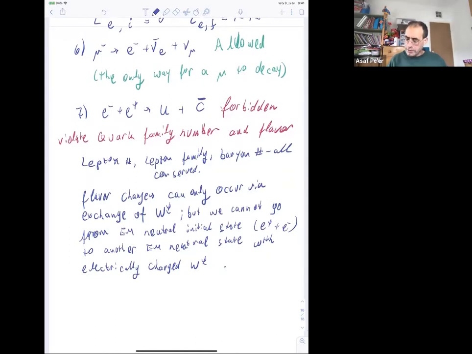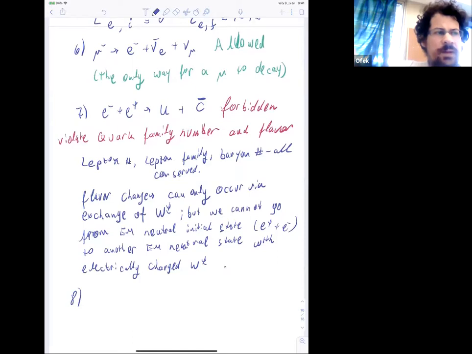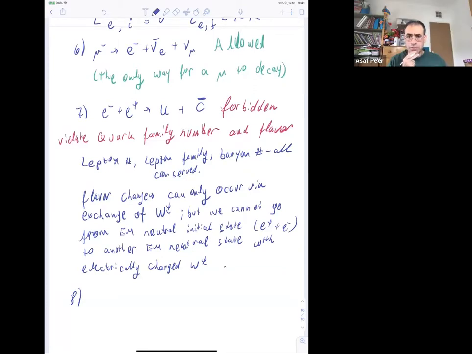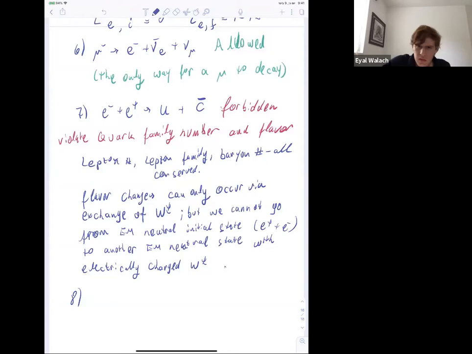Okay, we are really running out of time, so let's quickly do the other ones. Wait, if instead of an anti-charm, we put in an anti-top, that would have required two charged weak interactions? No, it will be exactly the same.